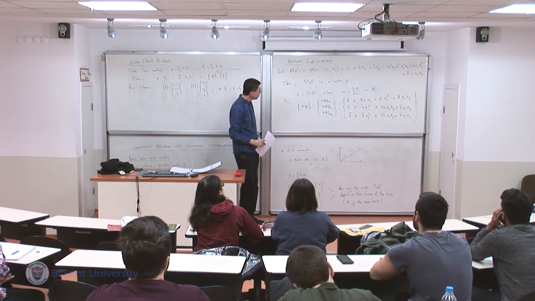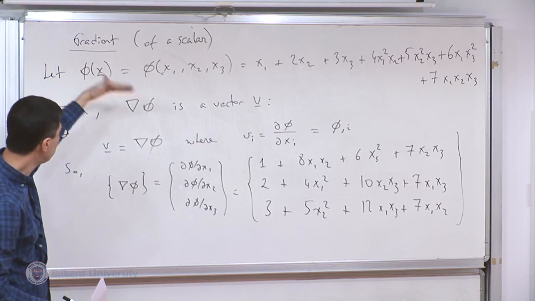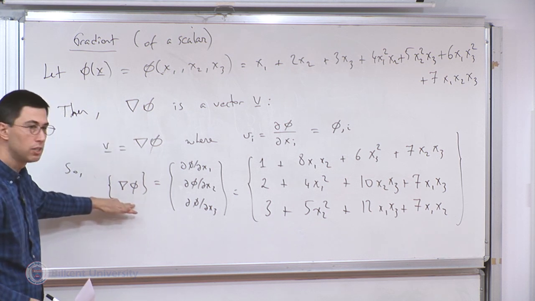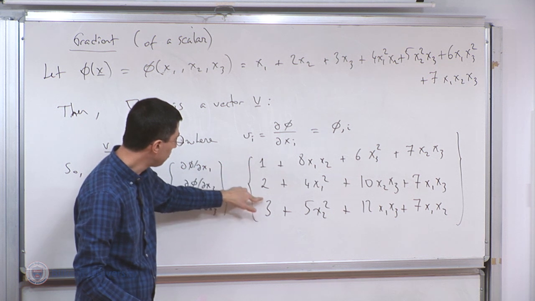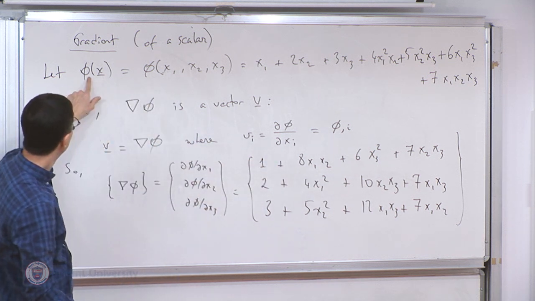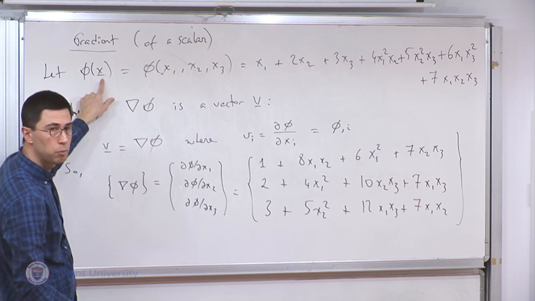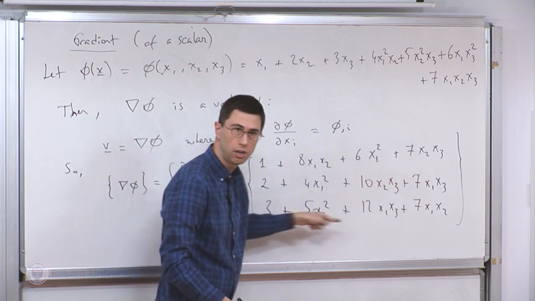So notice that phi is a function of the position. I take its gradient, right? I still have a quantity, a vector, each of its components. It's also a function. So this is a scalar, which is a function of the position vector. This is a vector, which is a function of the position vector.